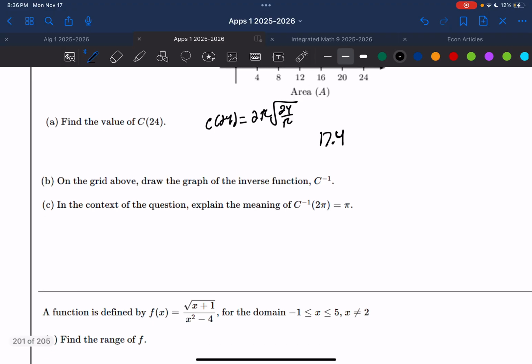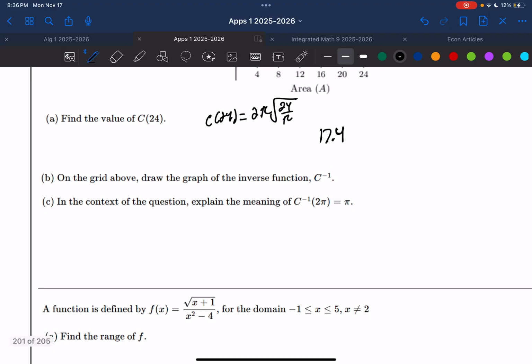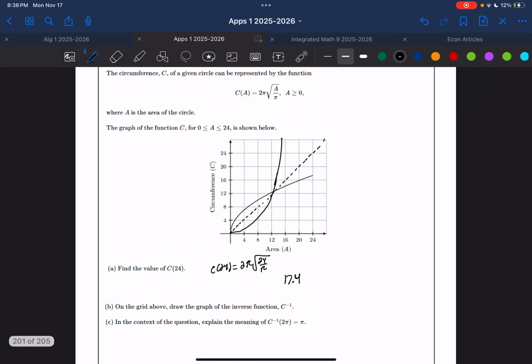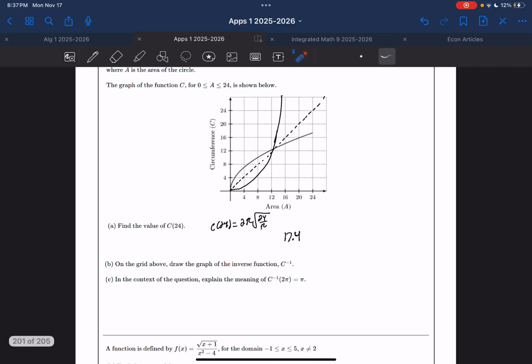And then in the context of the question, explain the meaning of C inverse of 2 pi equals pi. So in our original function, we're inputting an area and we're outputting a circumference. So it means in our inverse function, we must input a circumference and output an area.